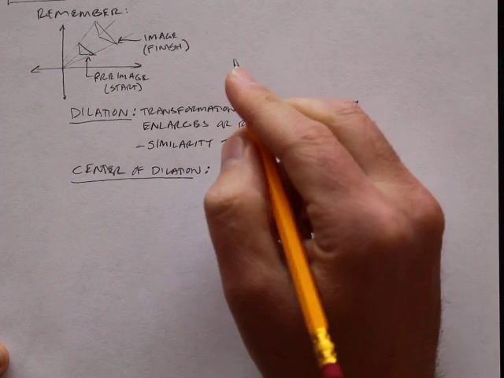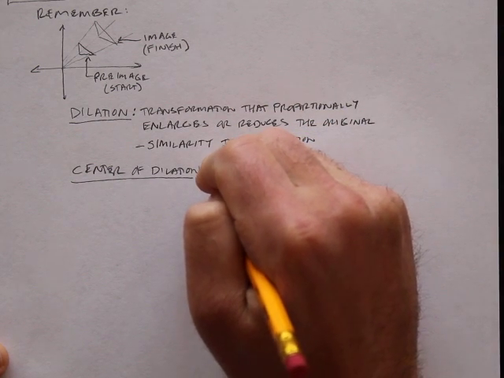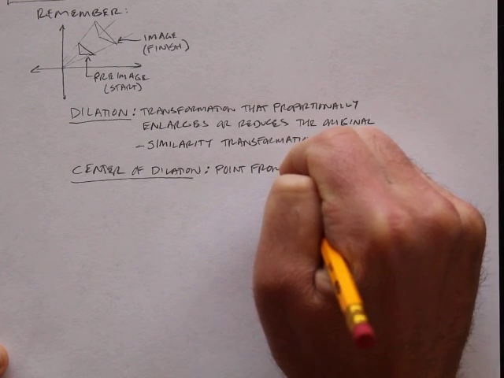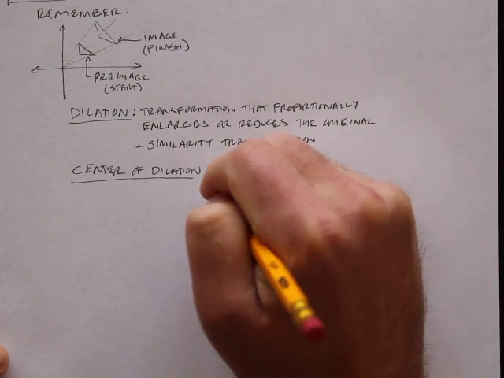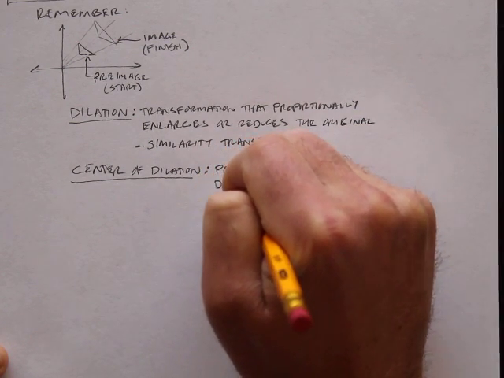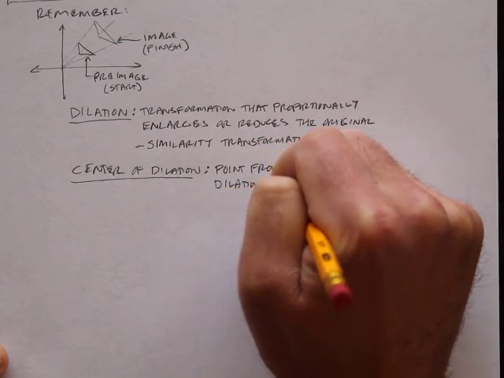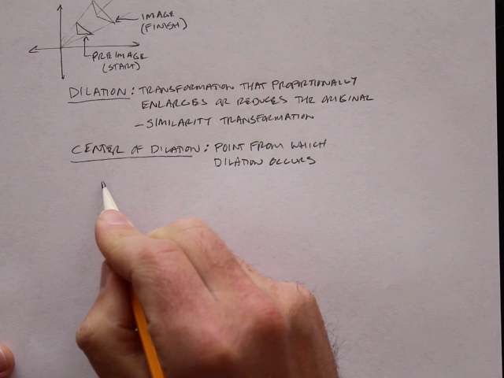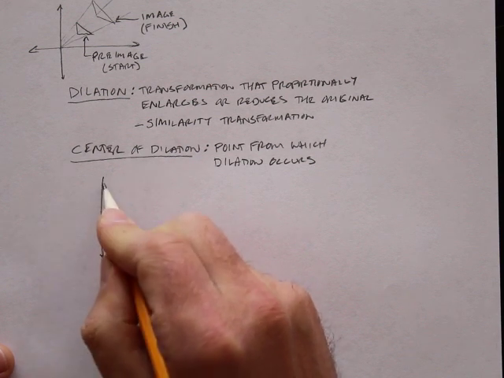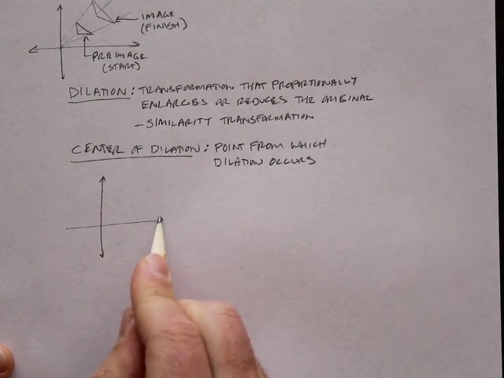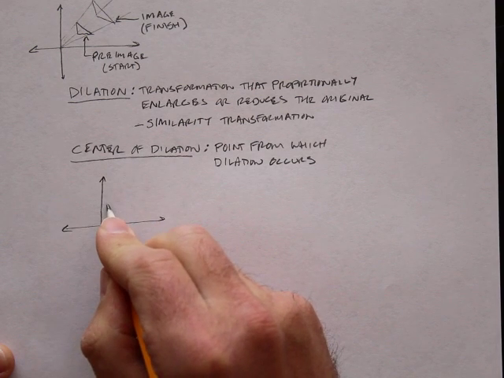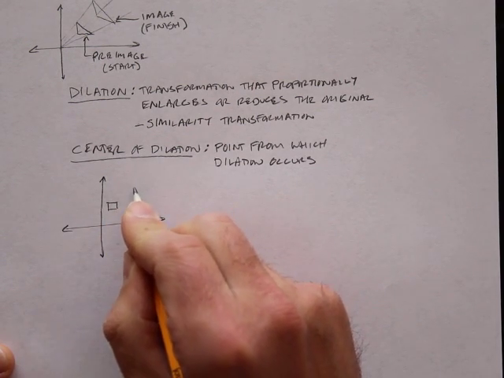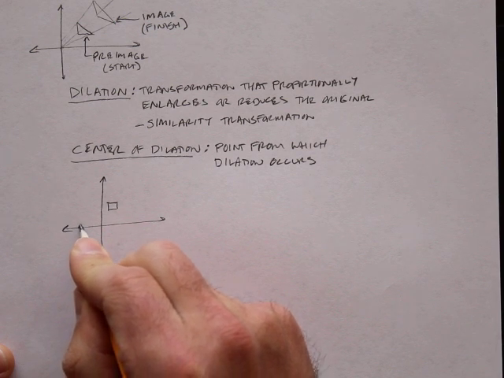This is the point from which dilation occurs. So if I were to have a coordinate plane like this, and I have a little rectangle here, and I have my center of dilation over here.